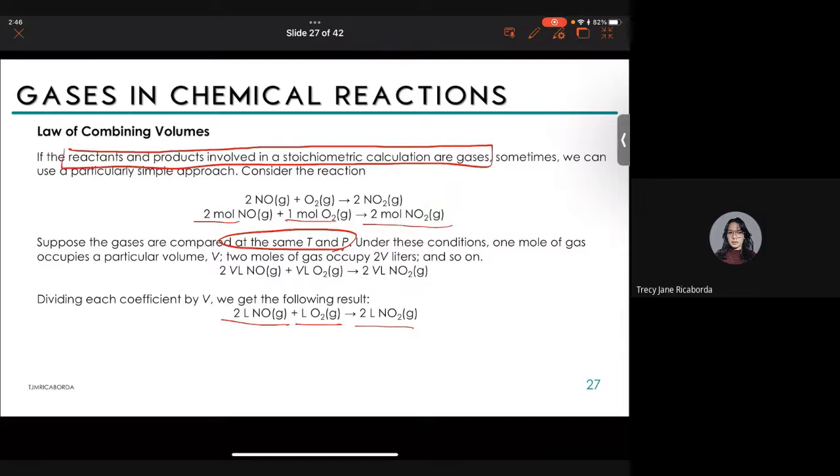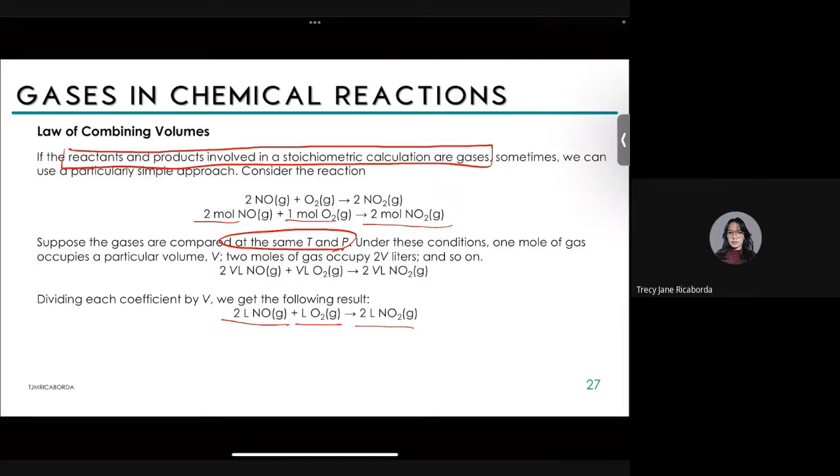So if it's all gases, then we can do this approach. So this is Gay-Lussac's law of combining volumes. So again, we have Charles' law, Boyle's law, Gay-Lussac's law, Dalton's law, Avogadro's law, ideal gas law, and Gay-Lussac's law of combining volumes.